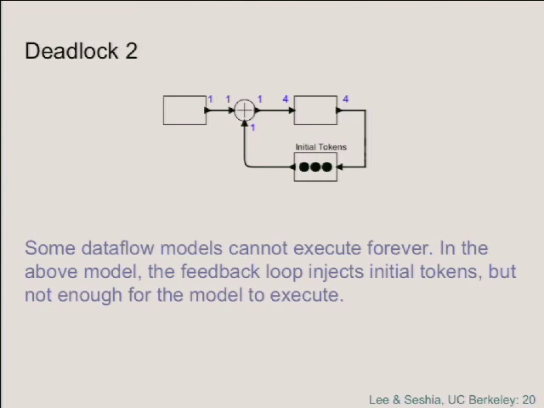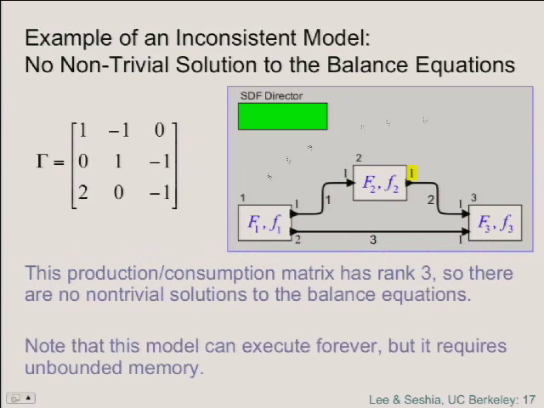So the question of interest is, given a synchronous data flow diagram, can you prove that there is an infinite execution that uses a bounded amount of memory? If you think about it, that's the key question you want to ask if you're trying to treat this as a specification for an embedded system.